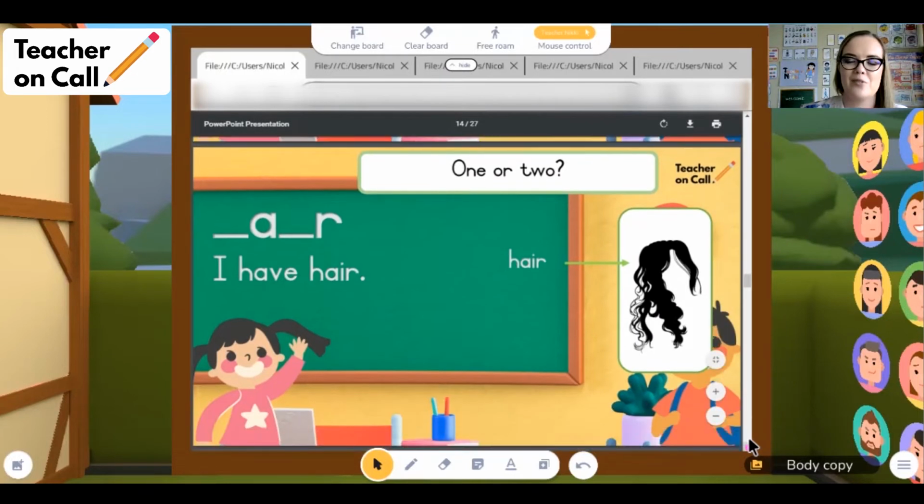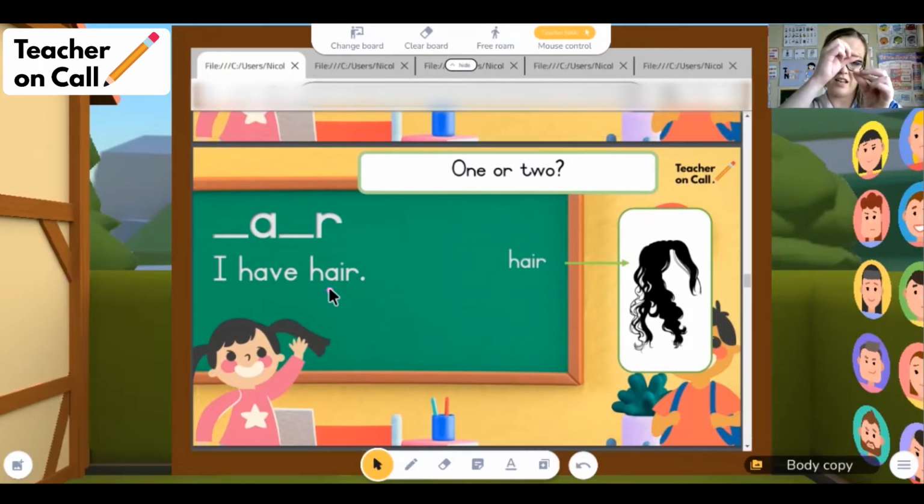Right, so one or two. You say, I have hair. I have hair. One strand of hair or a head of hair. We do not say hairs. So there's no plural or many or two or more for hair.